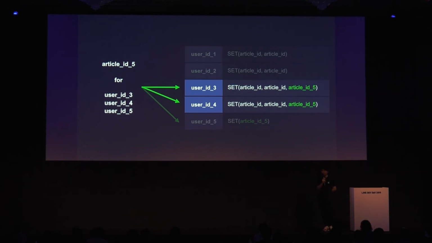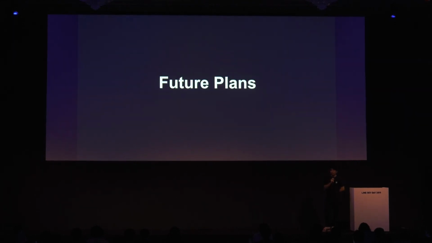The deletion of the mapping data is the same story. Article IDs to be deleted, and the number of keys that have to be deleted, quite cumbersome. But in terms of performance and scalability, we have been able to enhance both of them with the current mapping data format.